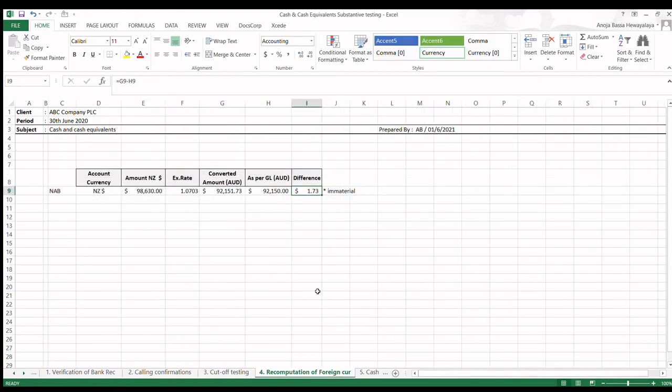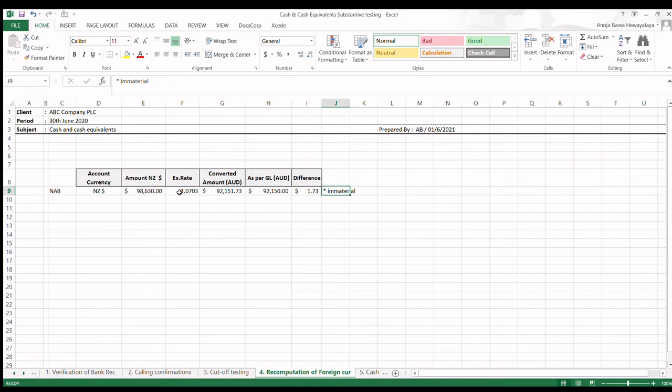Next, for this client, I included a foreign currency account, and I have verified here whether the client has used the correct exchange rate in converting the foreign currency balance into presentation currency. I have noted a small difference which I don't care about, because sometimes the client may use another exchange rate.